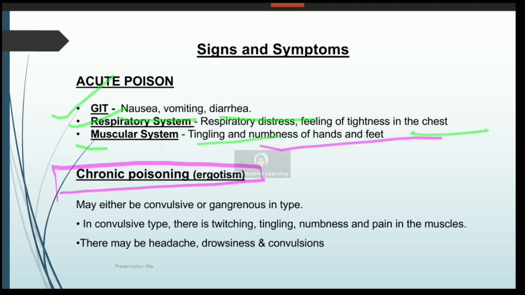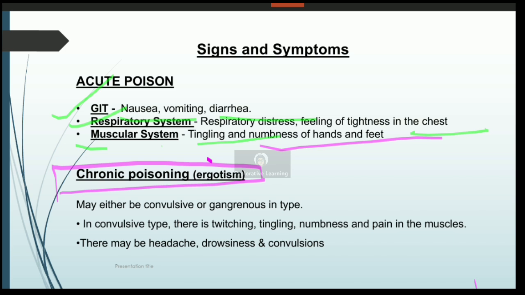Then chronic poisoning. In case of toxic poisoning, the development of adverse effects or some disease is mostly the result of prolonged exposure to a certain chemical, to the toxin. If ergotism is observed in a person, it might not be necessary that the person was recently exposed to the ergot fungi.